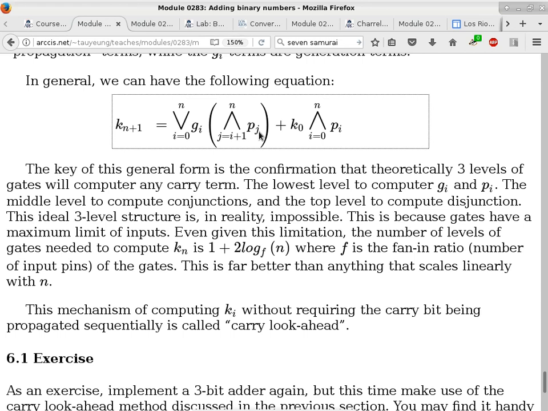That's a huge conjunction, right? You take this conjunction and then AND it with Gi. So that whole thing is going to be inside a big disjunction.